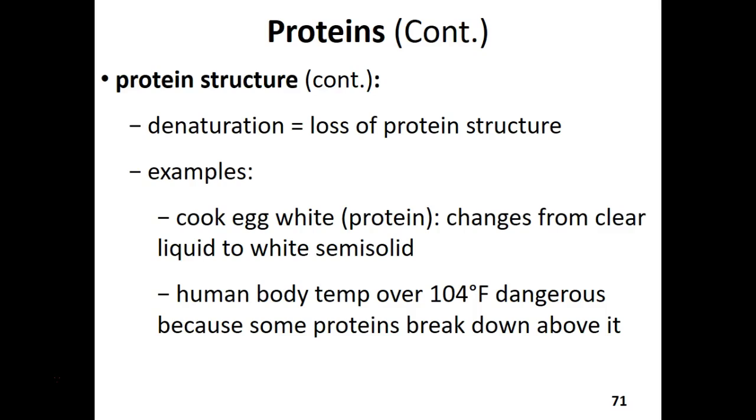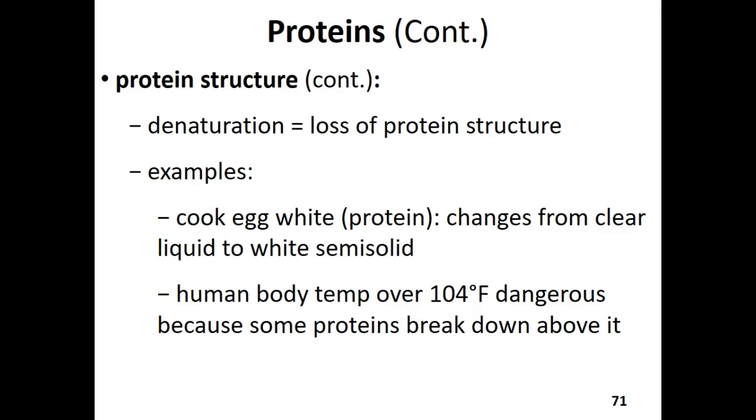Initially, you have this clear, viscous fluid, and then you have this yellow yolk. The clear viscous fluid is protein, and it's actually called albumin protein. When we cook it, we heat it up a lot.